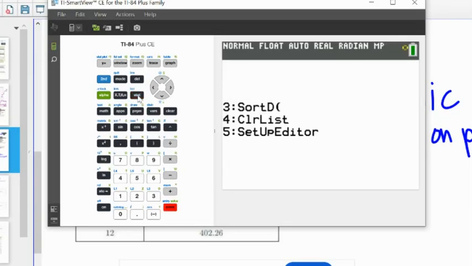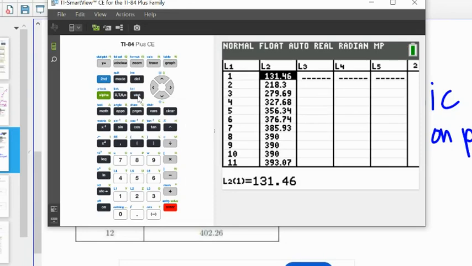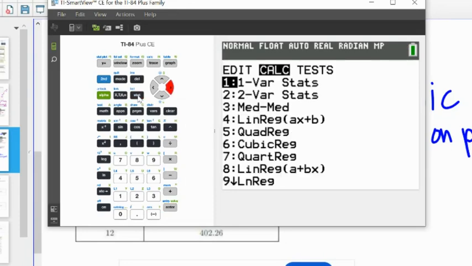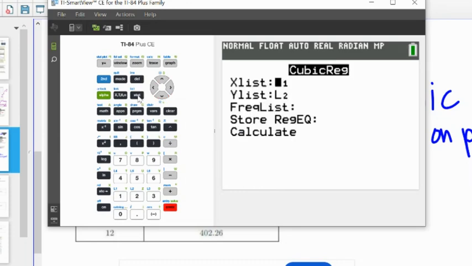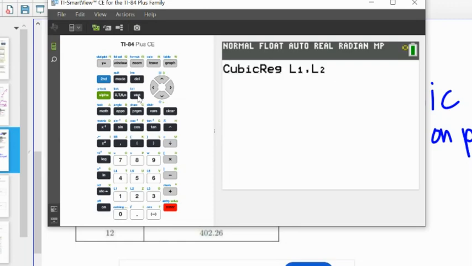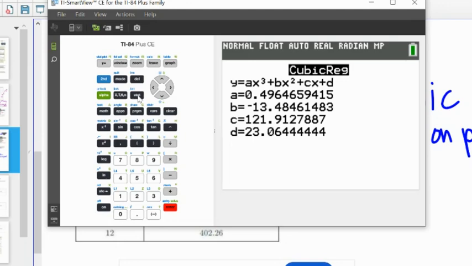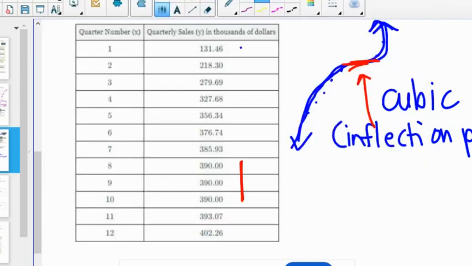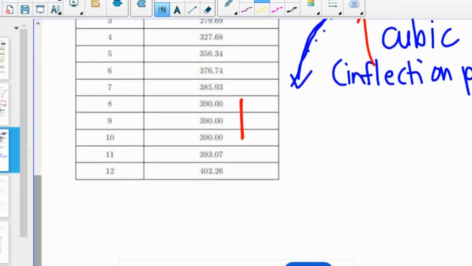Once we get all of that data typed in, we are going to go under the stat menu, calculate. This time we are going to calculate our cubic regression, since this is a cubic shaped graph, and we get our coefficients for A, B, and C, as well as our value of D this time, and we end up with this equation. Again, we're using those values from the chart.